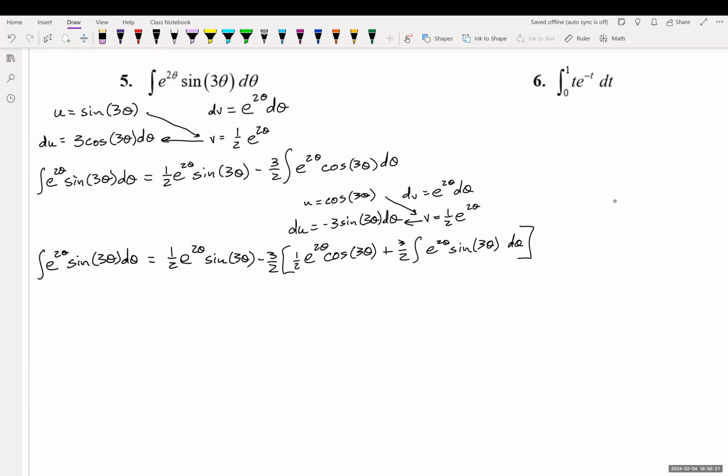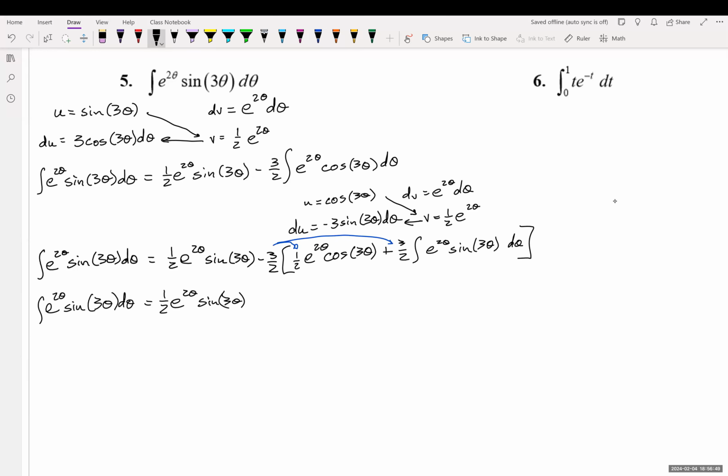So let's go ahead and see what we get. So I'm going to recopy where we started, or I should say what we're trying to solve for. And here we have 1/2 e to the 2 theta sine of 3 theta. And I'm going to distribute this guy here and here.